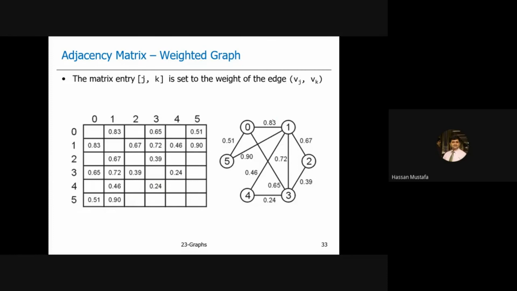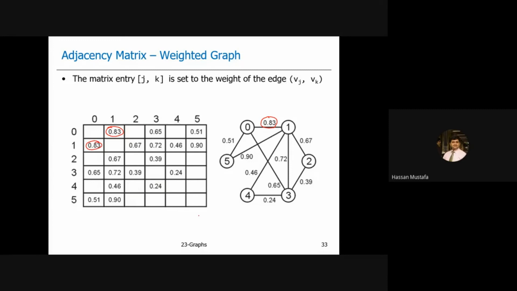For the weighted graph, instead of storing 0 or 1, we would simply store the weight of the specific edge at the specific index in the matrix, so that it becomes the weighted graph matrix.